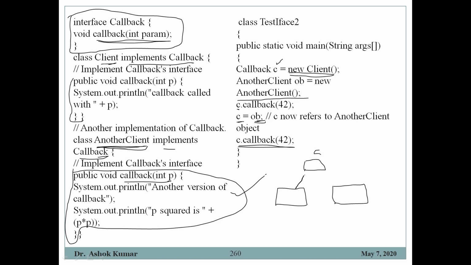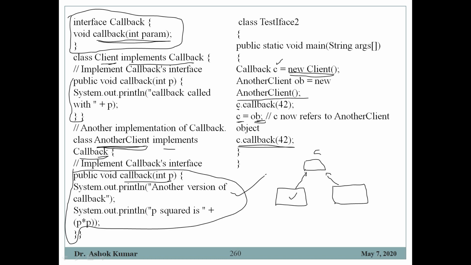So you can keep the reference of the first object in C, or you can keep the reference of the second object in C. If in C we have the reference of the first class and you call the callback, it will invoke the callback of the first class.